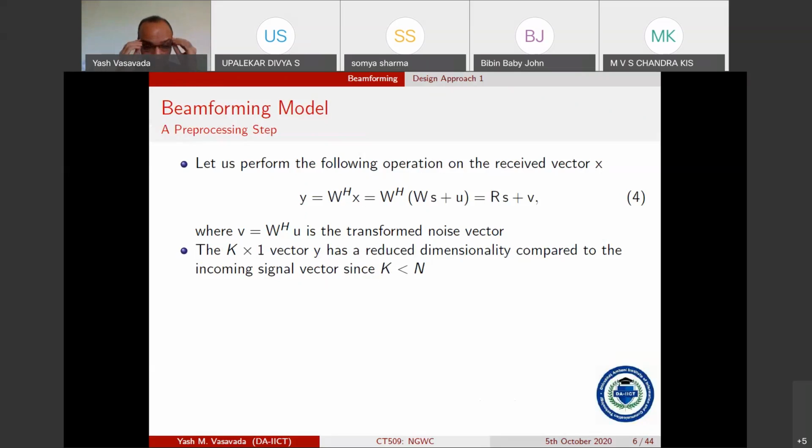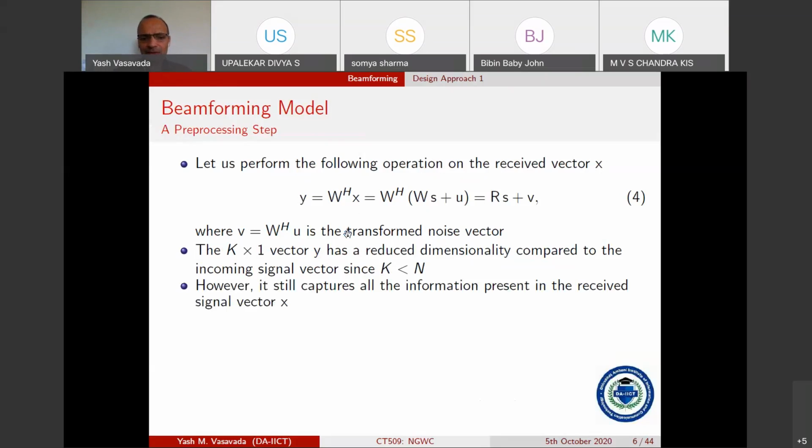And we have taken so far that k is less than n. In some cases, k can be significantly less than n. And so we are now dealing with a smaller number of samples compared to the original samples. We kind of glossed over it a little bit, but in general, we said that it is sufficient to just keep Y instead of X.